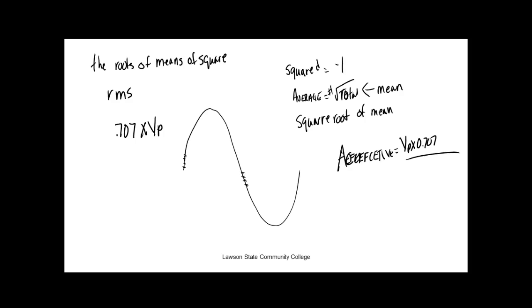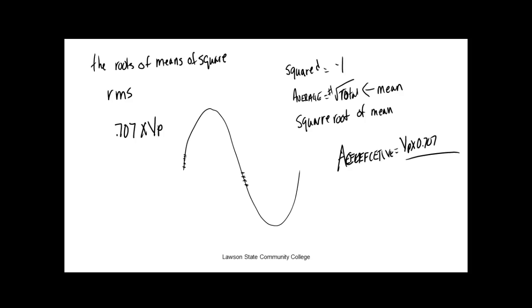This side is a mirror image of that side, and it'll always end up being the sine of 45 degrees, which is easy to remember because that's half of 90, right? You understand? So V peak times 0.707 is what regular meters use. True RMS costs quite a bit more money, so now y'all know the difference between a true RMS meter and a standard meter.